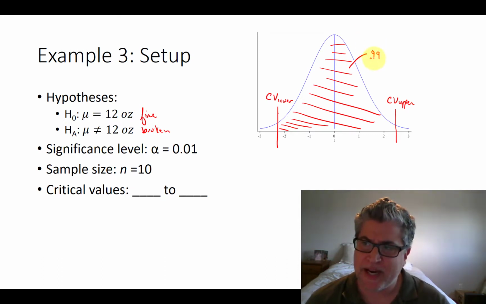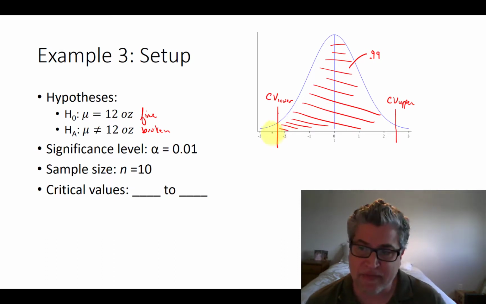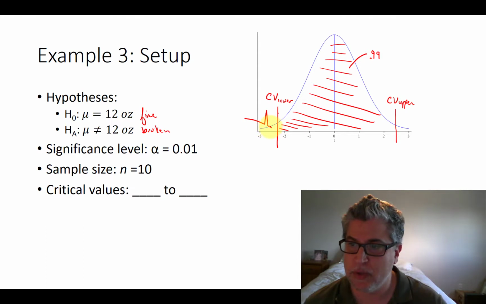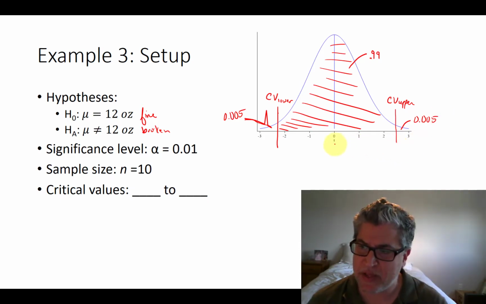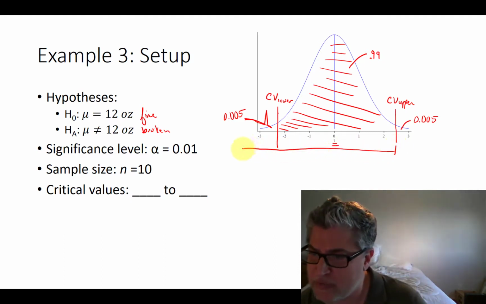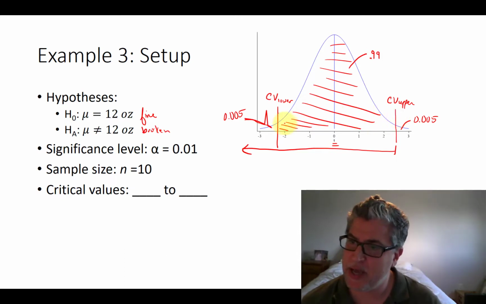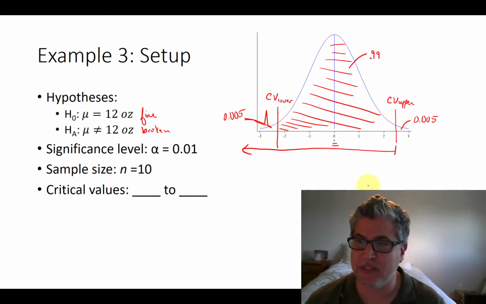All right, well, if 99% is between these two values, then 1% is left over, which means 1/2 of 1% goes to the left and 1/2 of 1% goes to the right. So 1/2 of 1% is that, and 1/2 of 1% there is that. What that means is we're searching for some value of t where we've accounted for 99.5% of the probability.